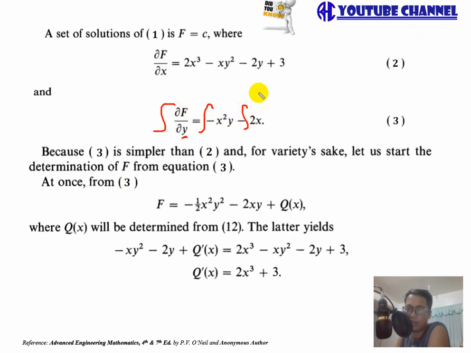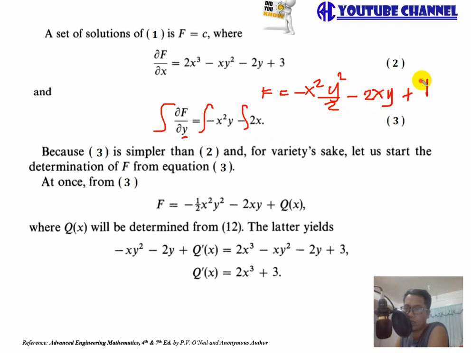So magiging result niyan, f is equal, yung y natin ang variable, tapos yung x natin ay constant. So magiging negative x squared times y squared over 2. Then yung 2x minus 2x na ay constant, so times y tayo.